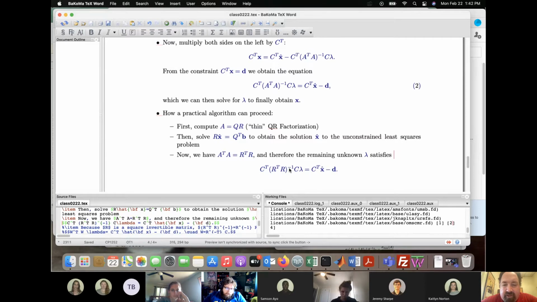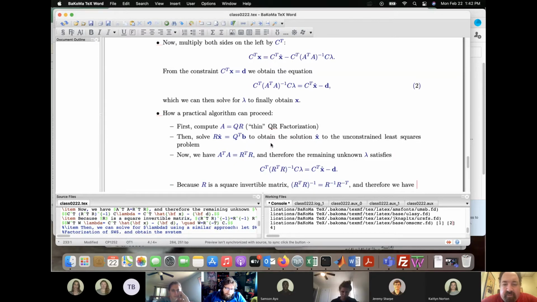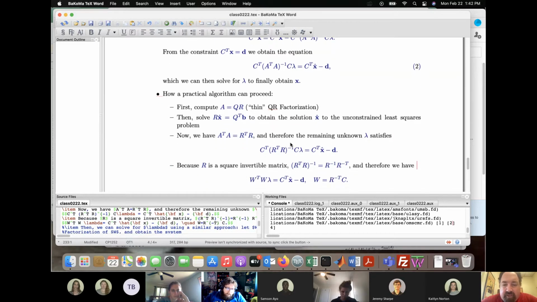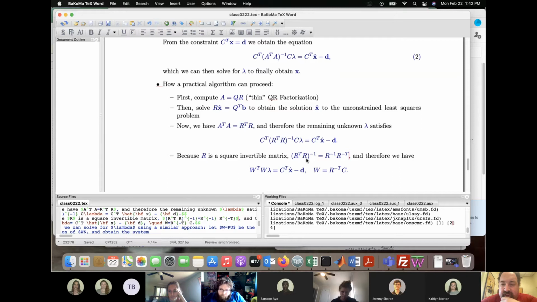I can take the inverse of a product. Because remember, the inverse of a product is the product of the inverses in reverse order. So (R transpose R) inverse is equal to this. Because R is square, R transpose and R are invertible individually, whereas A is not square.